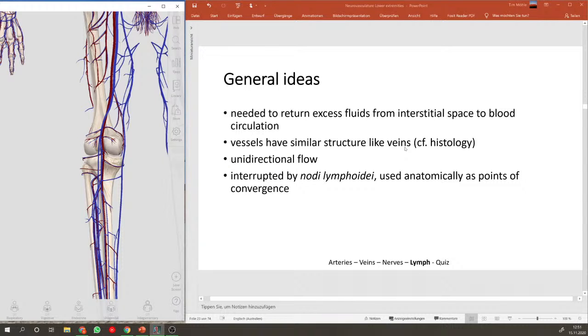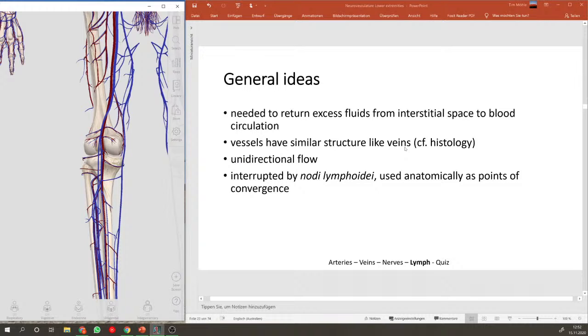lymph is a clear fluid, and it will be drained from the tissues back into the bloodstream. Therefore it is a unidirectional flow system, unlike the systemic circulation with arteries and veins. As the name suggests, in a circulation the blood circulates.